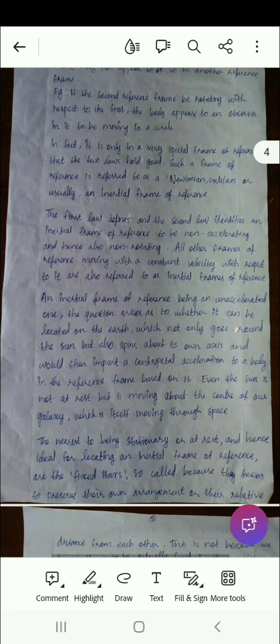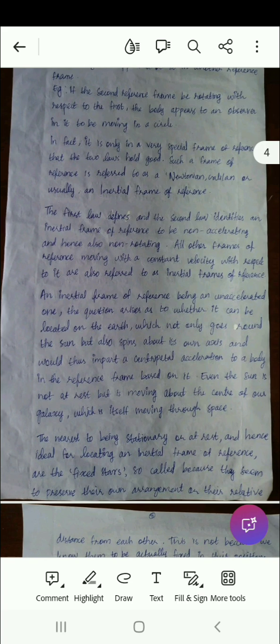Example, if a reference frame is rotating with respect to the first, the body appears to an observer in it to be moving in a circle. In fact, it is only in a very special frame of reference that the two laws hold good. Such a frame of reference is referred to as Newtonian or Galilean, or usually an inertial frame of reference.